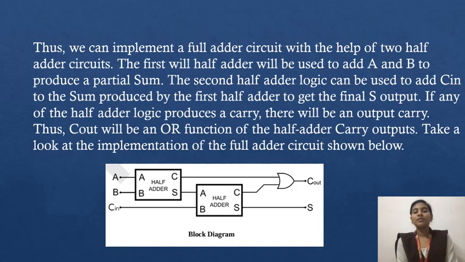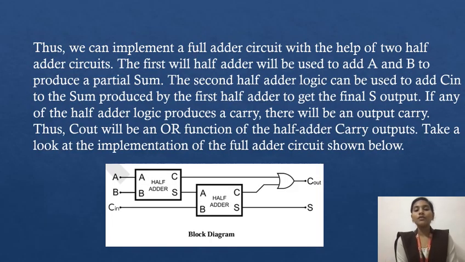Thus, by the before discussions, we can implement a full adder circuit with the help of two half adder circuits. So the first half adder will be used to add A and B to produce a partial sum, and the second half adder logic can be used to add Cin to the sum, which is produced by the first half adder to get the final output, which is S sum.